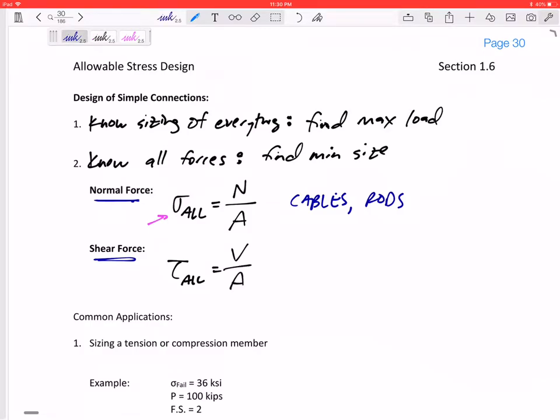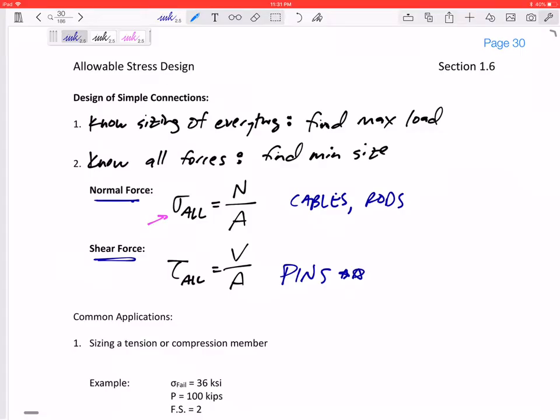So again, case number one, you know the area, you know the stress, you're trying to find the maximum V. Case number two, you know the stress and you know all the forces, you're trying to find the minimum area.